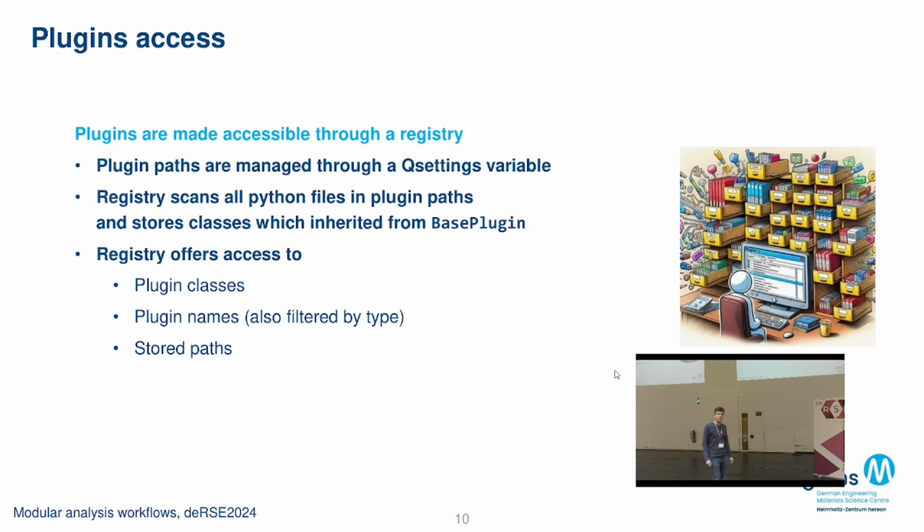Plugins are made accessible through a registry. You can give it paths, which are stored persistently with the queue settings. And the registry just scans all files in the paths, and if it discovers any subclasses from the base plugin, it registers them, and then they're accessible, and the registry also offers to find things based on names, classes, access to stored paths.